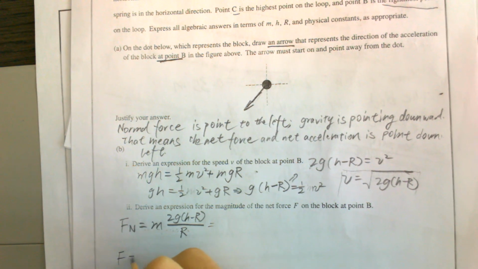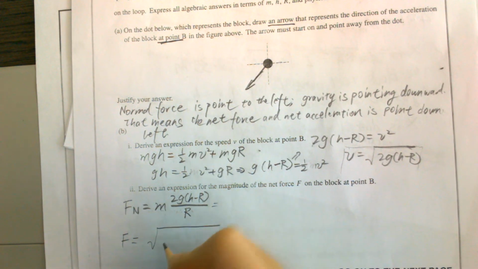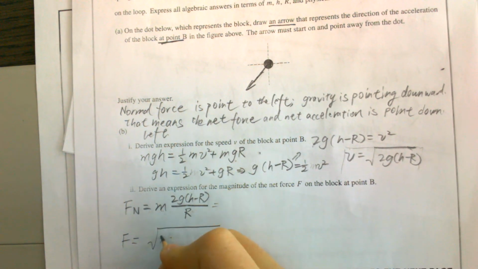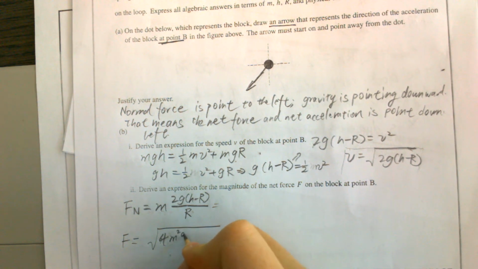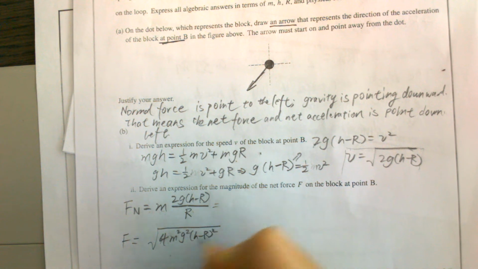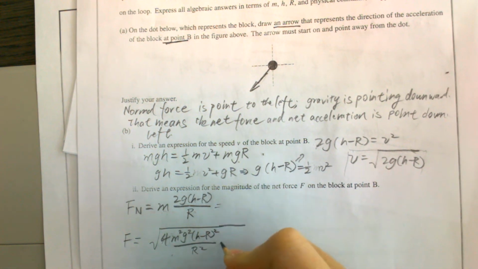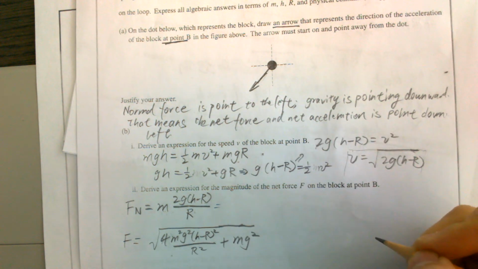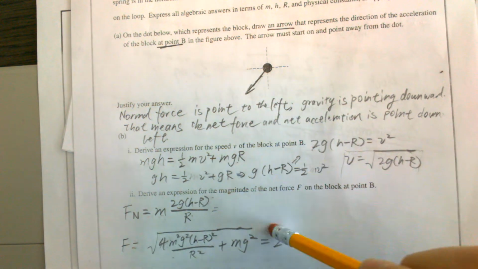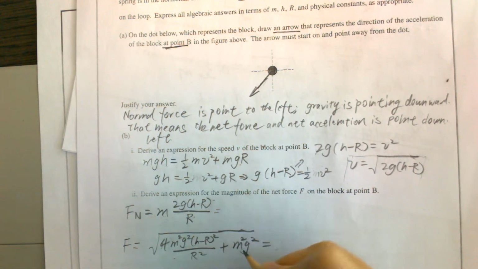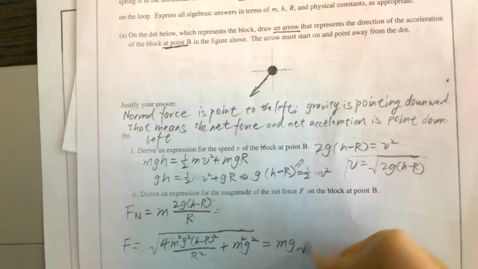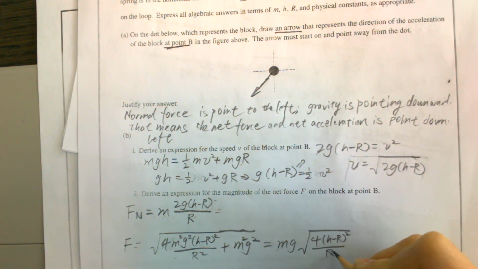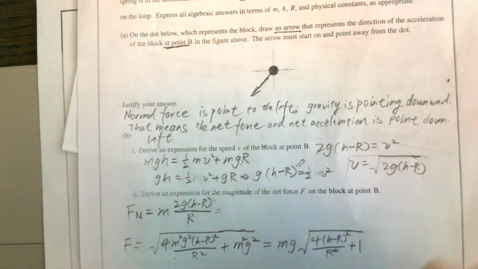So the total force F is equal to the square root of the normal force squared plus mg squared, which is 4 m squared g squared (h minus r) squared over r squared plus m squared g squared, so it's mg times the square root of 4(h minus r) squared over r squared plus 1.